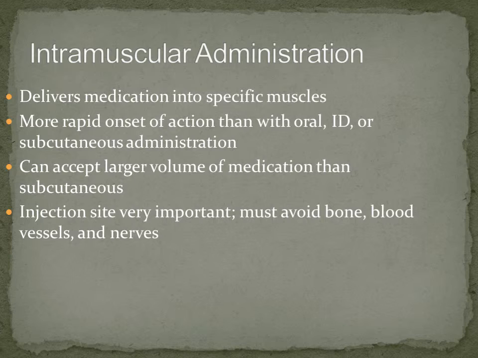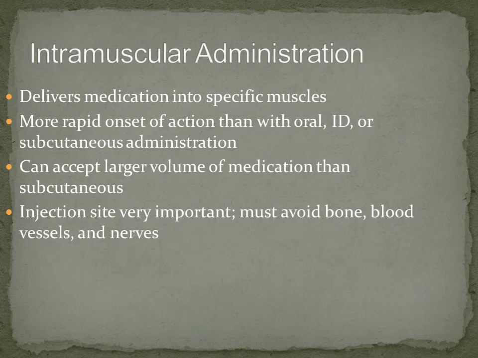Intramuscular, we talked about pretty rapid onset as far as when compared with oral, intradermal, or sub-Q. We can give a much larger volume, often up to a ml is pretty standard. If you get it much bigger, it depends on the size of the person.